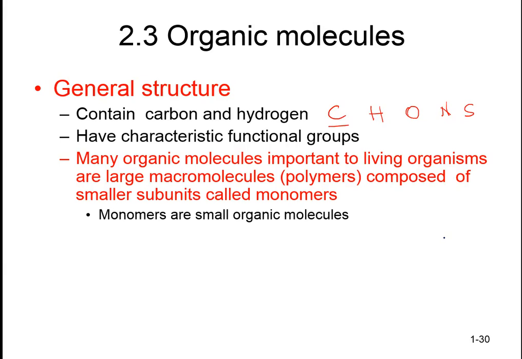So polymers are made up of monomers. A polymer will have several monomers. So you have a monomer here, monomer, connected to monomer, connected to another monomer. So you keep on connecting the monomers, then you make a polymer.